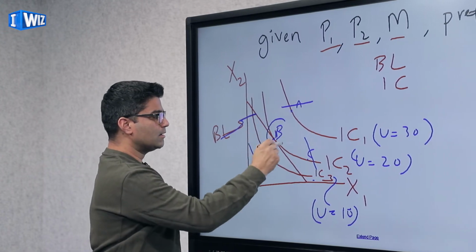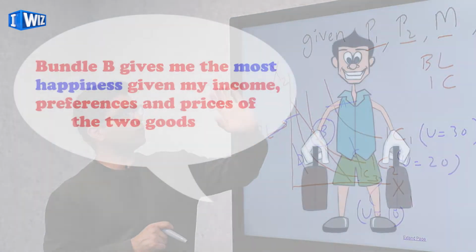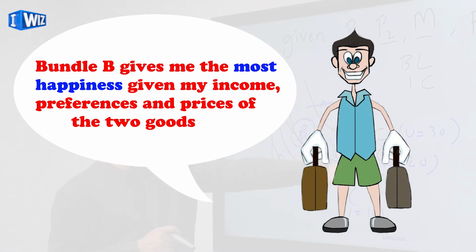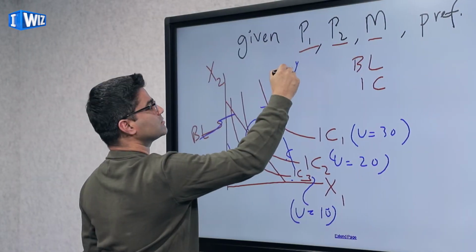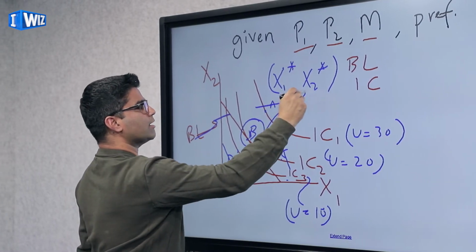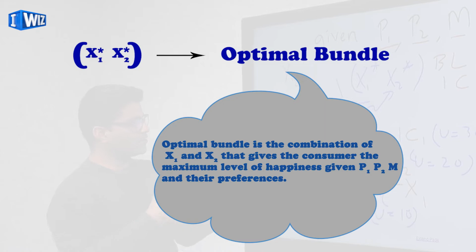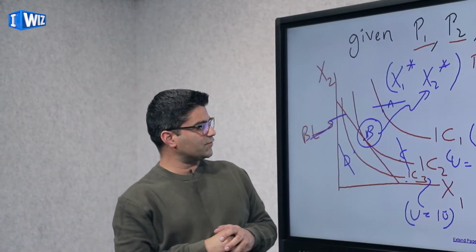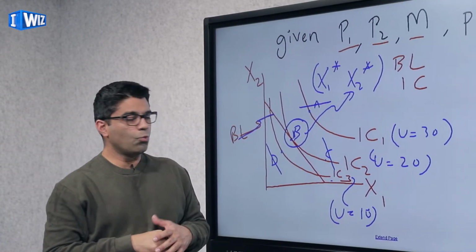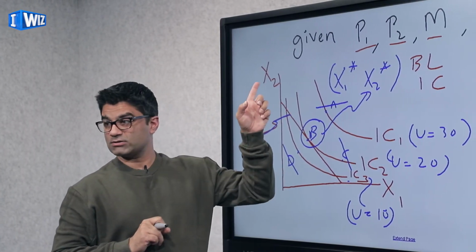B is affordable, and that's the highest level of happiness that you can get. So when we talk about what an optimal choice is, X1 star, X2 star, that is what we choose at point B. Make sure you understand theoretically, when we put together indifference curves and budget constraints, the most happiness we can get given the constraints.